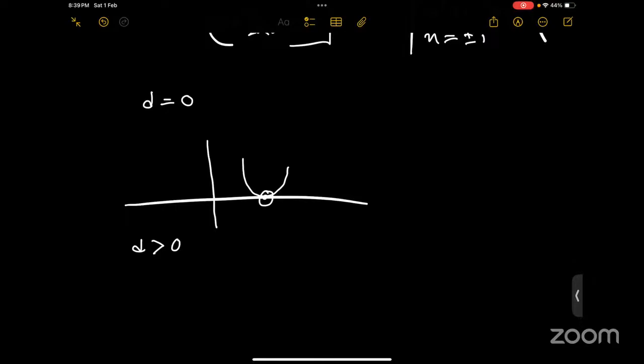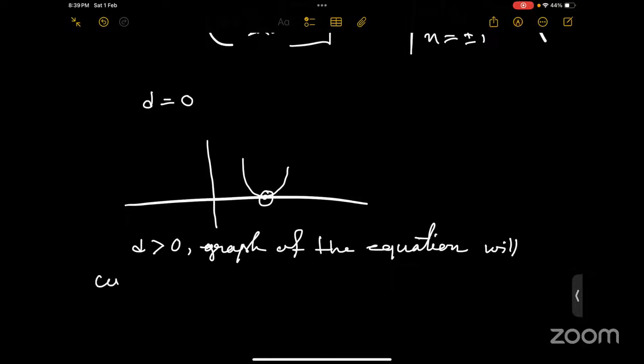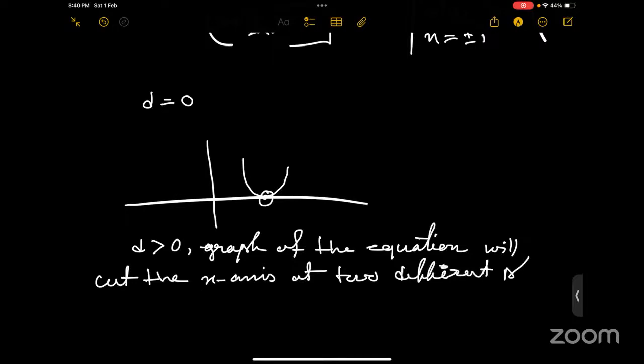That means the graph of the equation will cut the x-axis at two different points.